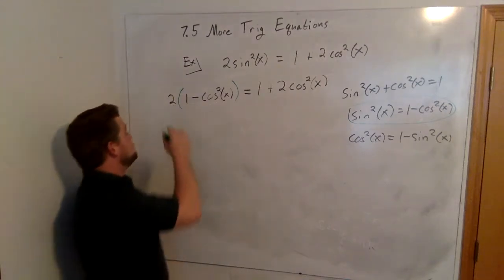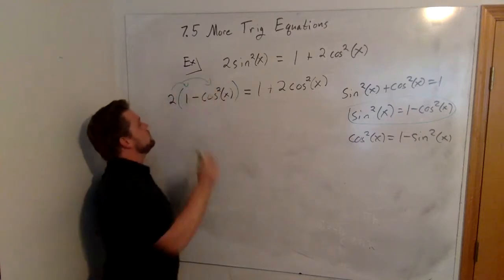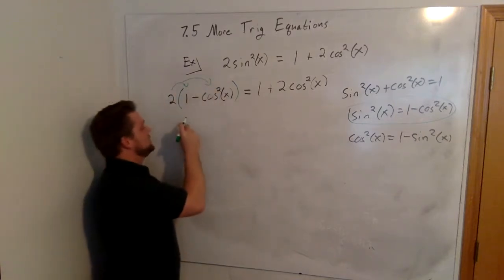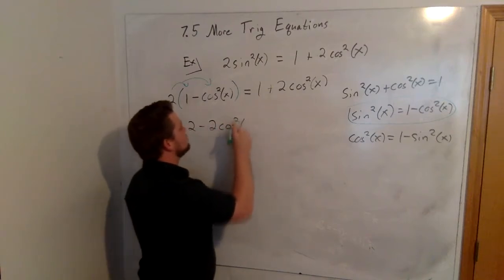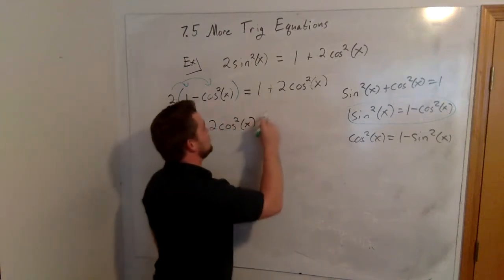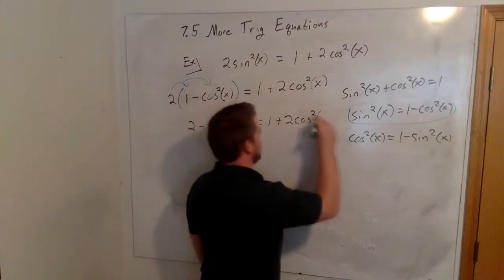So now let's go ahead and distribute in this 2 and see where this leads us. We'll get 2 minus 2 cosine squared of x is going to be equal to 1 plus 2 cosine squared of x.